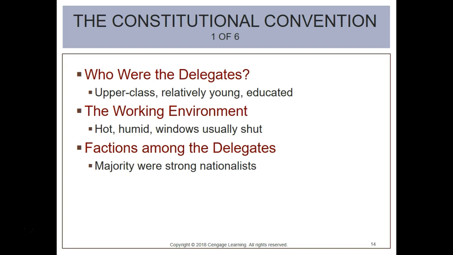You can see some of the beginnings of your political factions or political parties and ideology, if you will, in American politics and socialization. For the most part, all of them were strong nationalists, which means that they backed a large system, which you see in your readings was lacking in the Articles of Confederation.